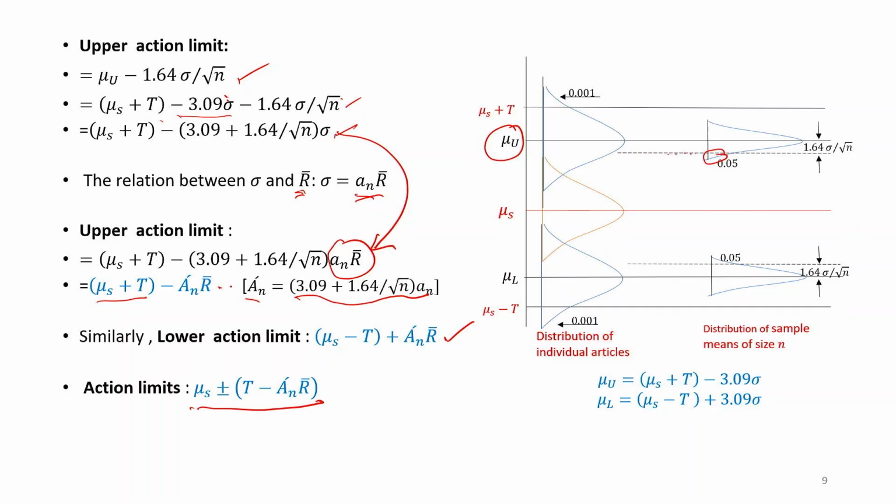If you look at these two equations, upper and lower, I can write it this way, mu s plus minus capital T minus A dash n R bar. It is basically rewriting the same thing in a different manner. So there is no difference. If we keep this one, it is still okay. There is no difference.